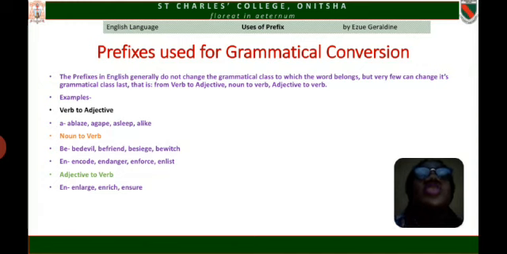We can also change noun to verb by using a prefix like be. Bedevil. Devil is what? A noun. And if we add be, it changes automatically to verb. Bedevil, befriend, beseech, bewitch.